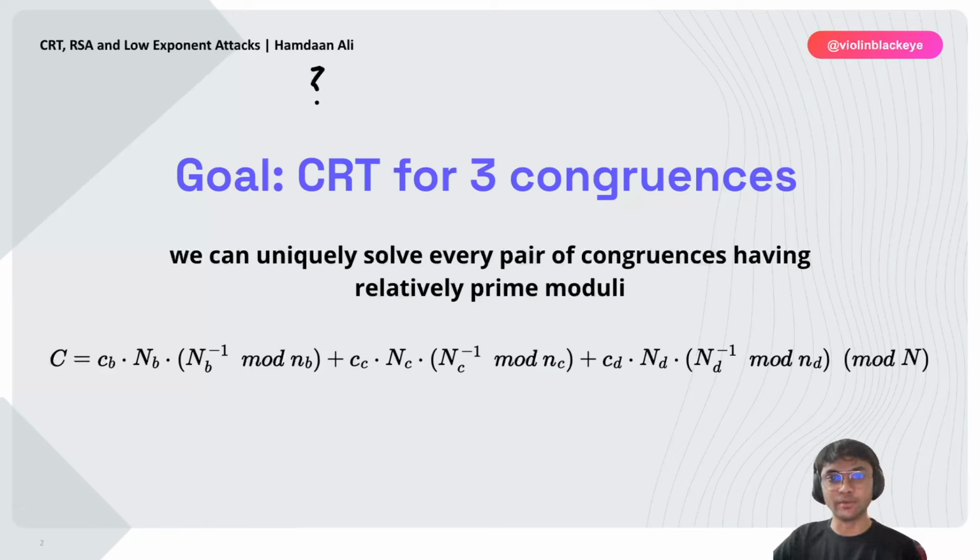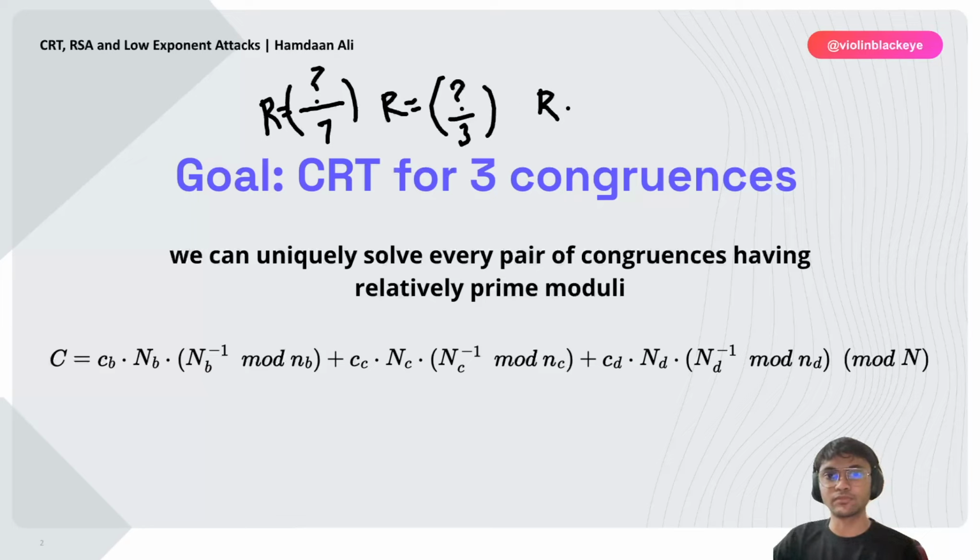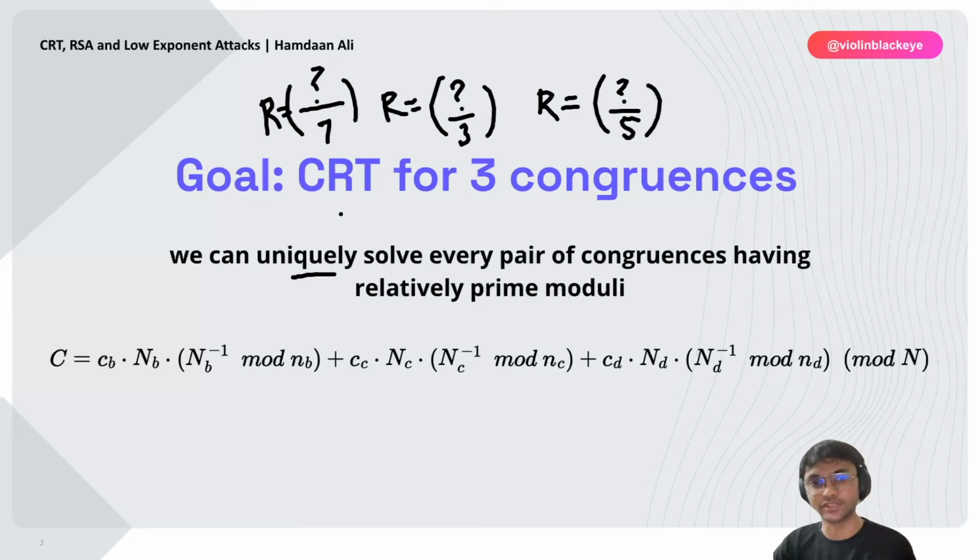Imagine you have a mystery number, and you know the remainders it leaves when divided by several numbers that have no common factor. CRT, or the Chinese remainder theorem, tells us that there is one unique solution that fits all those conditions.